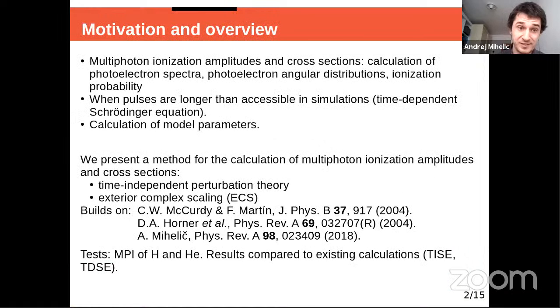The method itself is based on time-independent perturbation theory and exterior complex scaling. But we nevertheless thought that it is interesting enough to be presented on its own here. And this is what I'm going to do.